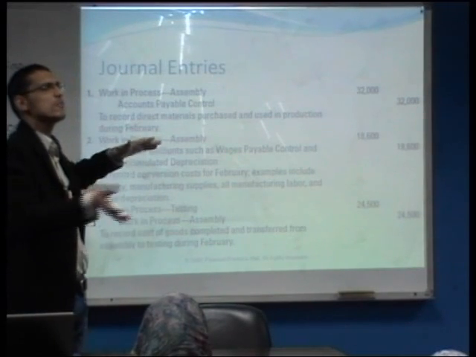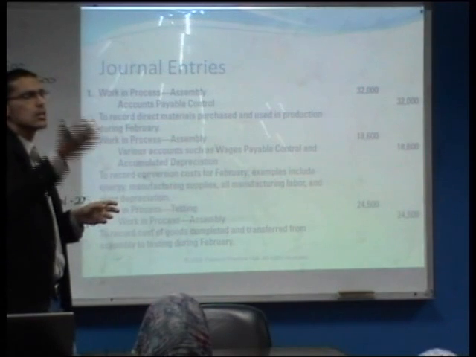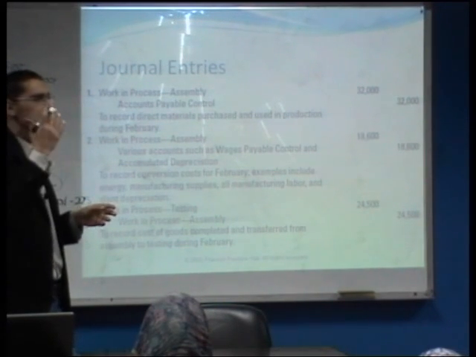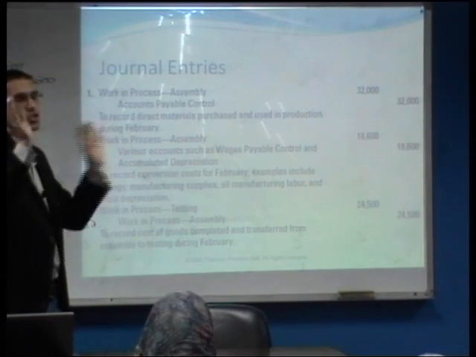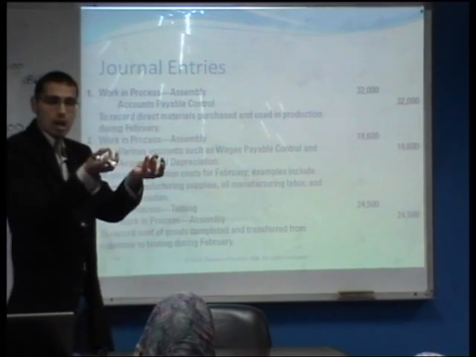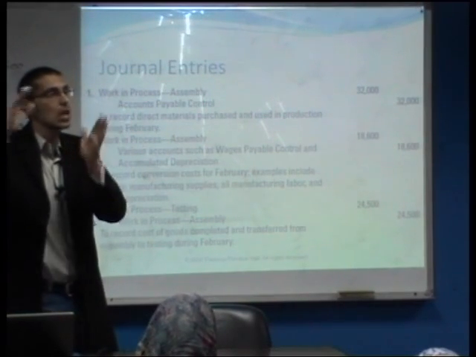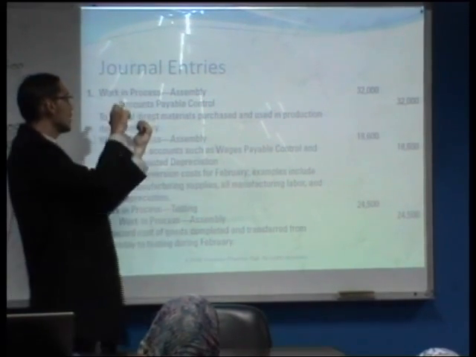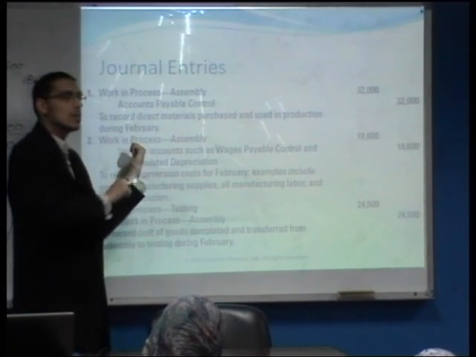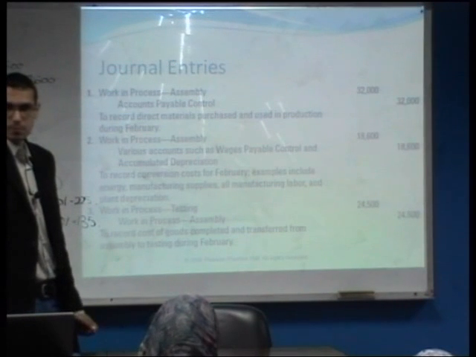For instance, the supervision costs, the electrical expenses, the utilities expenses, and so on. Therefore, all these costs would first be incurred by different journal entries, and then these costs would be closed in the work in process assembly account.